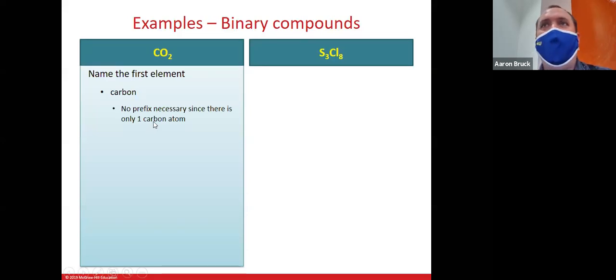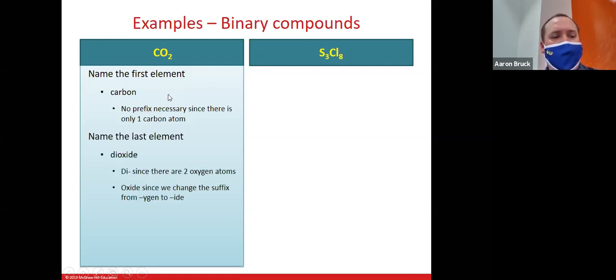Since there's only one of them, there's no prefix necessary. For the second one, oxygen, I have to apply a prefix, 2, which would give me di, and I have to change the ending to IDE. So the oxygen gets turned into dioxide because there are 2 oxygens. Put the 2 together, I have carbon dioxide.